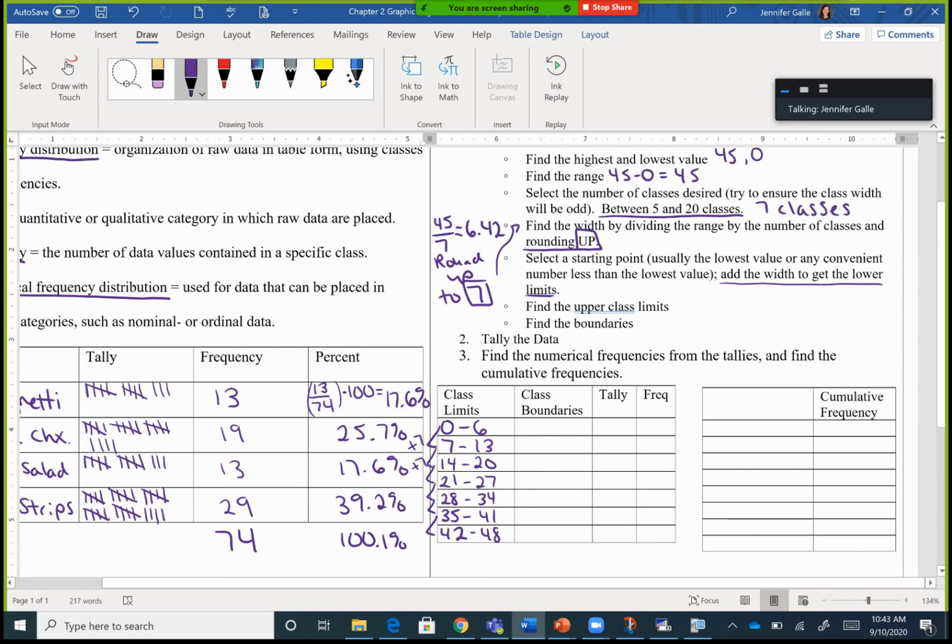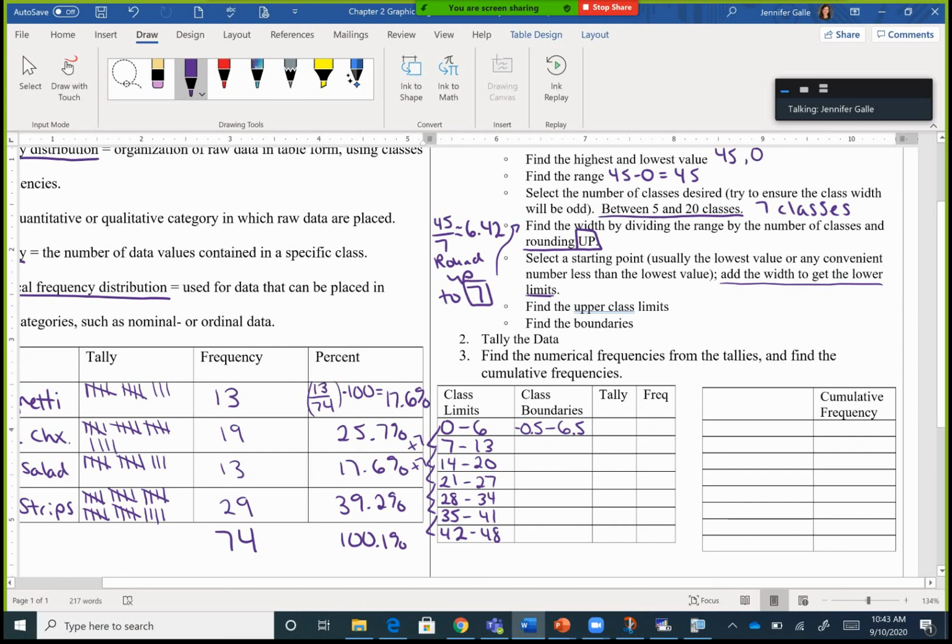For your class boundaries, we're familiar with those from last chapter. In this case, since we have whole numbers, we're going to subtract a half off the lower and add a half to the upper. And when we do this, guys, this is why you want to choose numbers that are convenient.